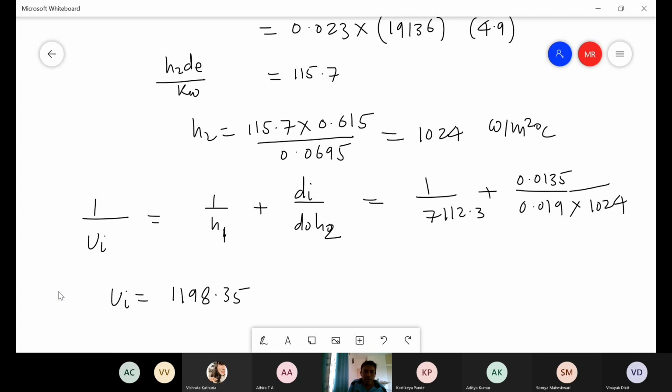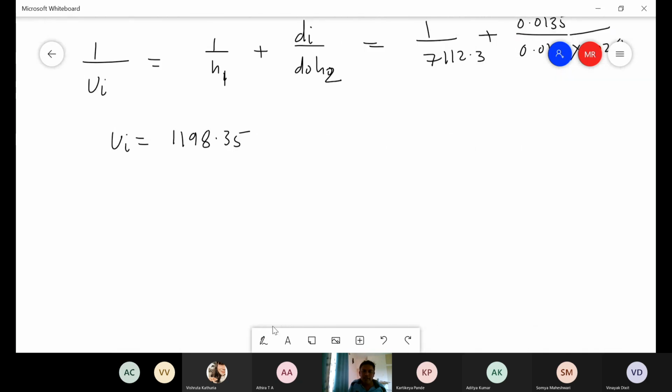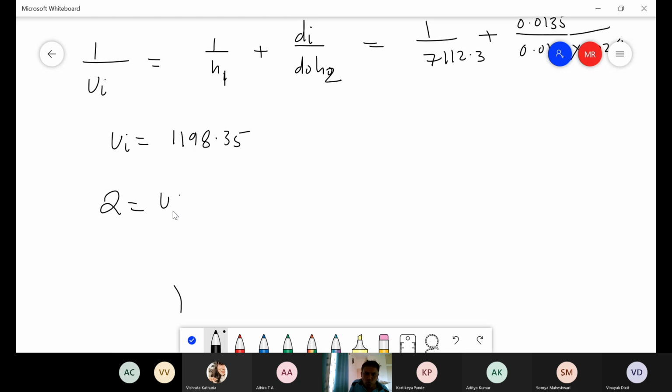Correct. Now we have to calculate the, see, the heat lost by the hot fluid is transferred to the cold fluid, isn't it? And that is given as, in this case, Q is given as UA delta T. So this is UI AI delta T LMTD. Why LMTD?